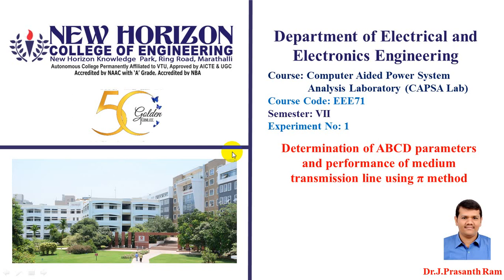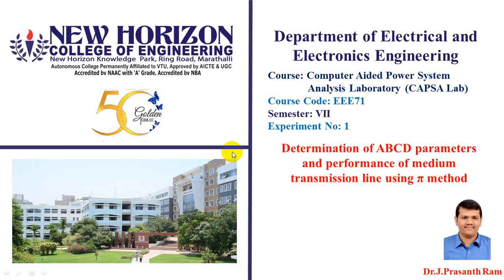So it is categorized into two networks. You have the pi circuit and the T circuit. Generally, the pi circuit will have the admittances connected at either end and your impedance connected in the middle. I will show you in the next part of the experiment. So for a transmission line, you are going to estimate ABCD parameters.